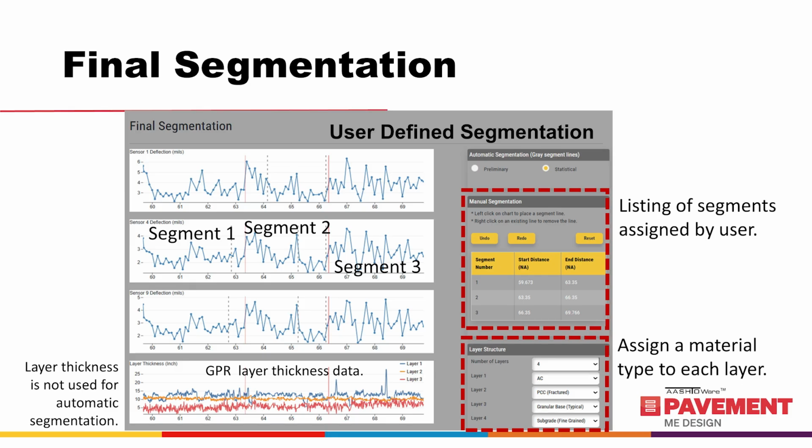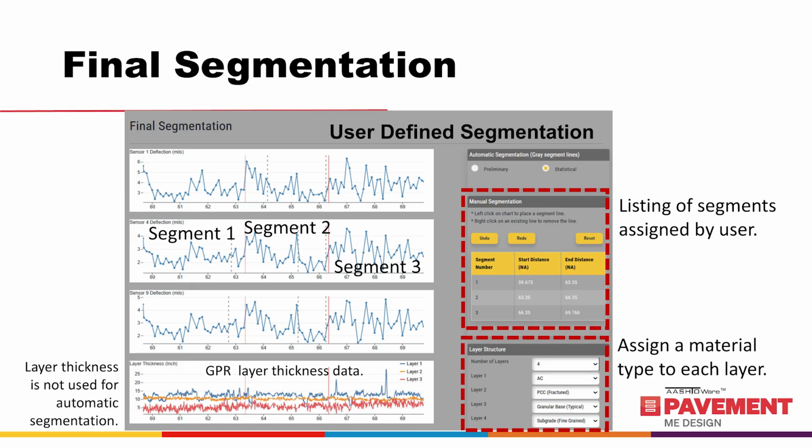If the user wants to change the location, the user can simply right-click on the solid red line to remove the location. For this example, the user defined 3 segments, which appear in a table on the screen as Segment 1, Segment 2, and Segment 3. The user-defined limits of a segment are vertical red lines and are consistent for all sensors and layer thickness plots or graphs, as shown on the slide.